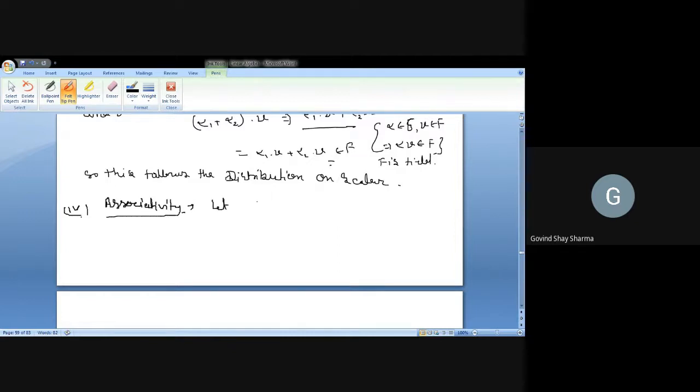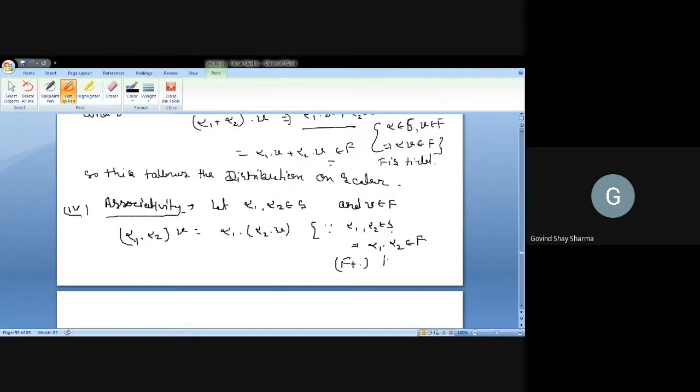Associative means let alpha 1, alpha 2 belong to S and V belongs to F. So alpha 1 dot alpha 2 also belongs to S, because F plus dot, we know, is a field and always follows the associative property.